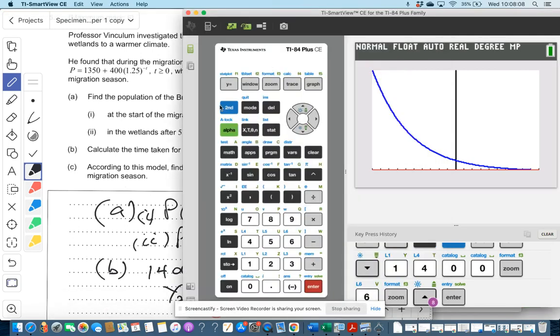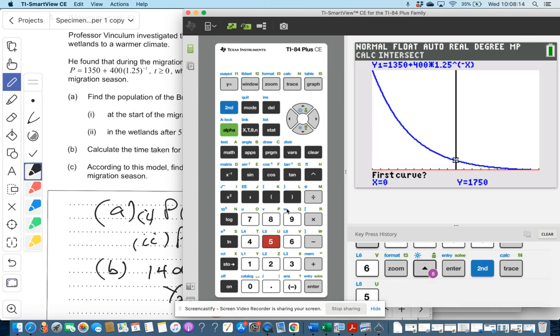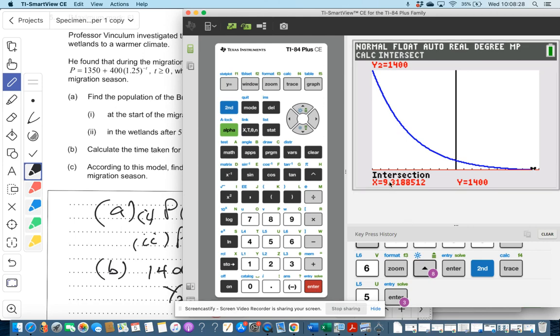So we go to the trace button after hitting second, of course, to get to calculate. We hit 5. And then if there's only one intersection, we just have to hit enter 3 times. If there's more than one, we're going to have to get closer to the intersection we're interested in. But there's only one intersection, 1, 2, 3. And I get 9.32 days.